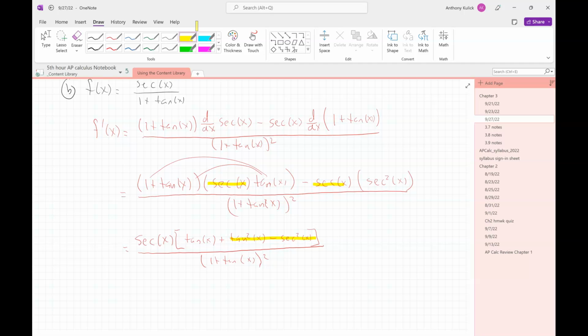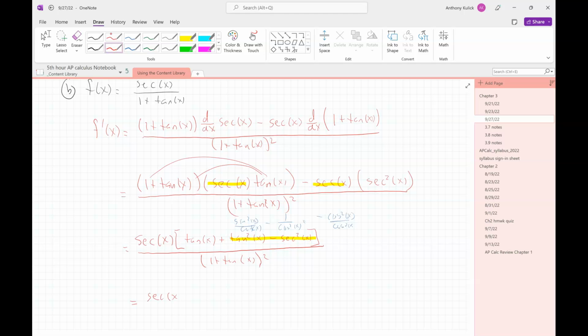Do you recognize this as something? Is that 1? I think it's negative 1. Sine squared over cosine squared minus 1 over cosine squared. It's going to give me negative cosine squared over cosine squared. So that should just be negative 1.